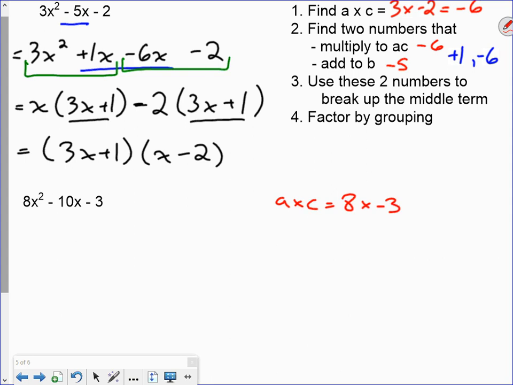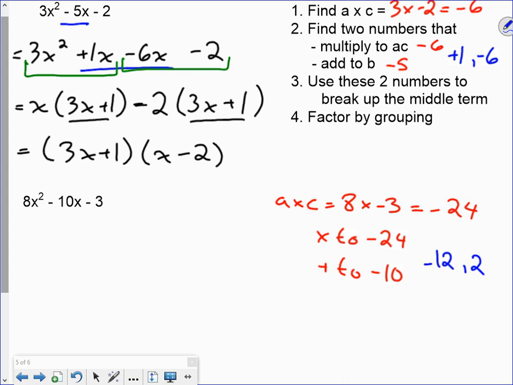8 times negative 3 is negative 24. So I want two numbers that multiply to negative 24 and add to that middle term, negative 10. I think these numbers are going to be 12 and 2, and one of them has to be negative and one of them has to be positive.